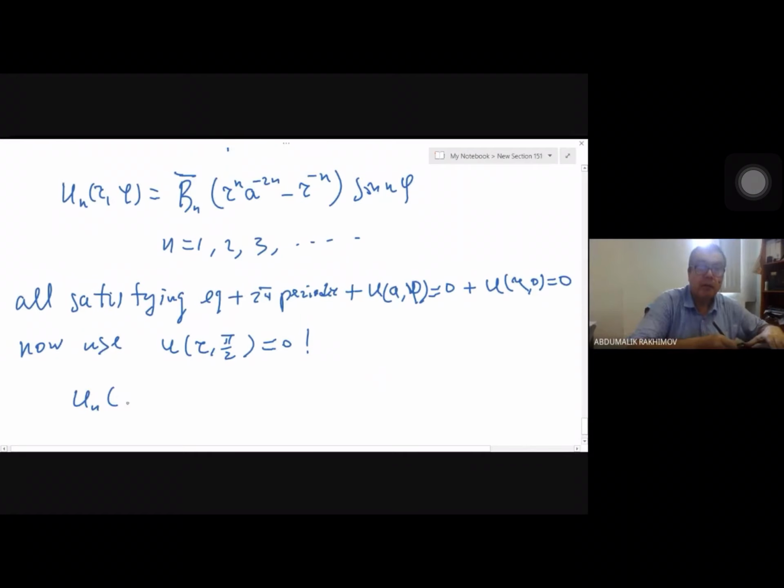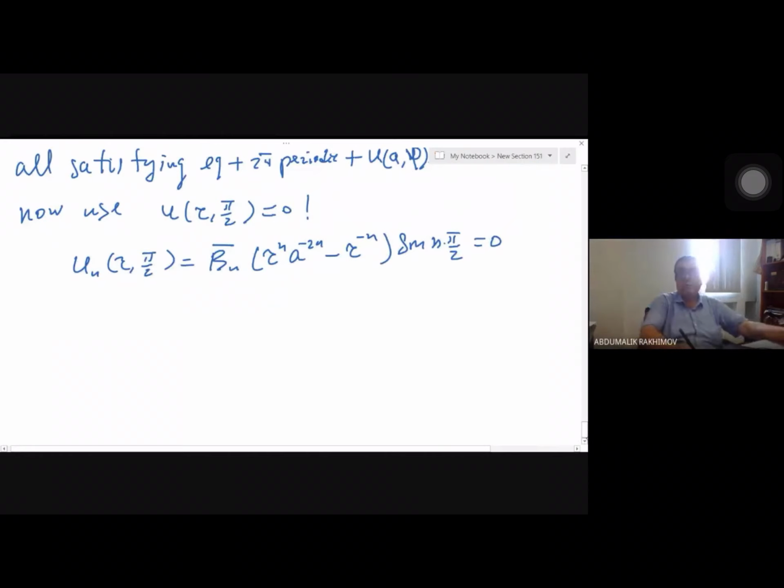Un(r, pi over 2) is equal Bn bar times r^n A^(-2n) minus r^(-n), sine of n times pi over 2, must be 0.